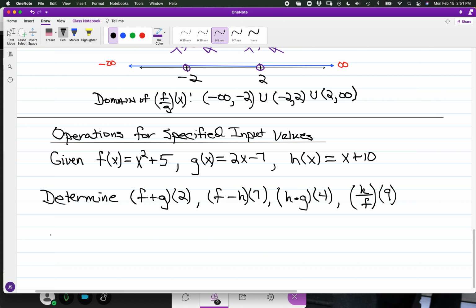Now, just taking what we have for f plus g of 2. One way you can go about this is that, just like f plus g of x goes to f of x plus g of x, we're now going to have f of 2 plus g of 2.